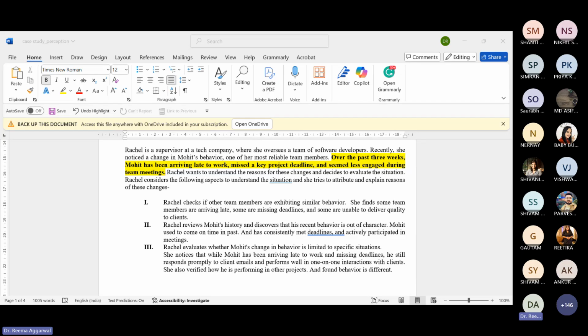Rather वो उसको training देगी, counseling देगी, feedback देगी about what problem he is facing, and she will have a positive outlook towards Mohit, right? So decision making is definitely impacted by perception.